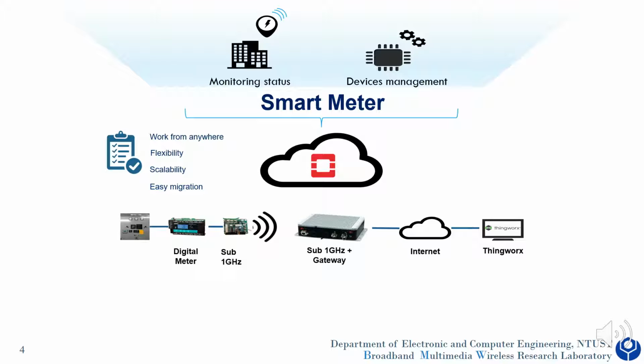This is the topology of the smart meter. We start from an electrical panel sensed by the intelligent digital meter, or we call it the meter. A meter connects to the transmission sub-G module and is received by the gateway, which also has a receiver for sub-G.